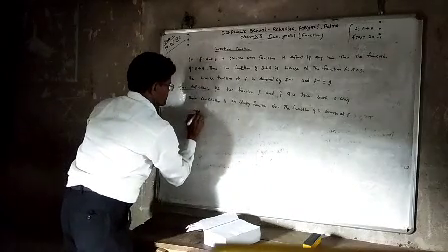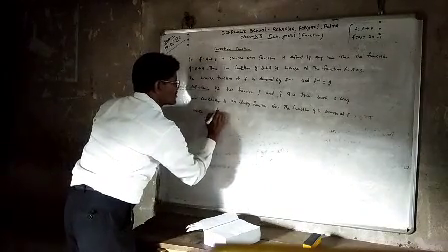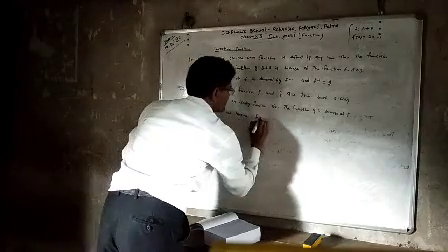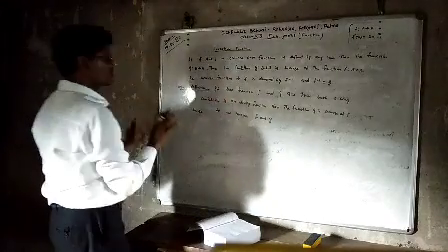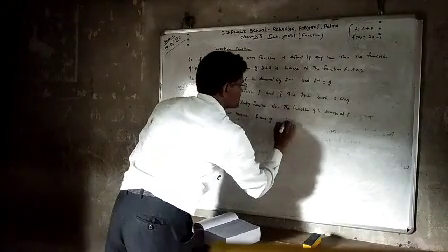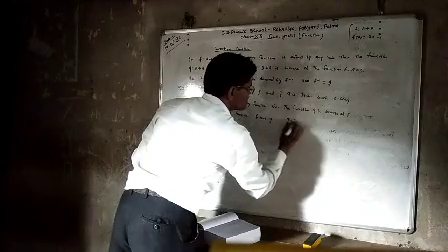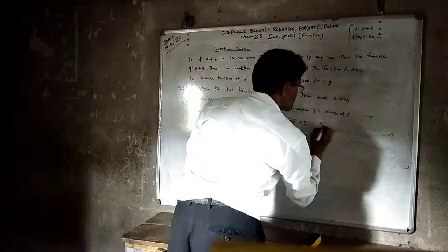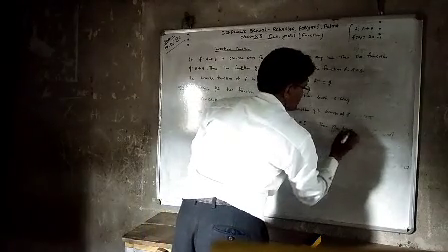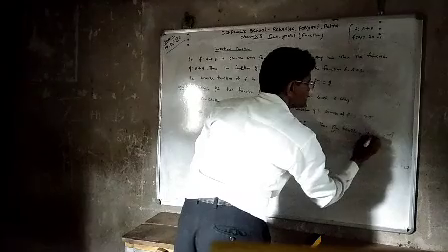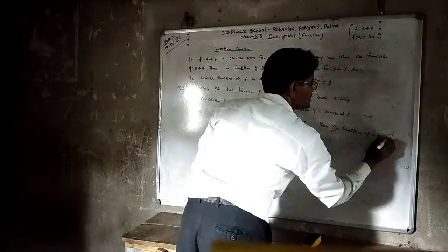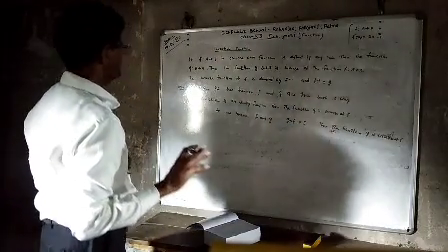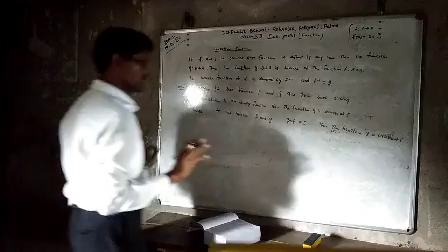That is, if g of f equals I, the identity function, then g will be the inverse of f.